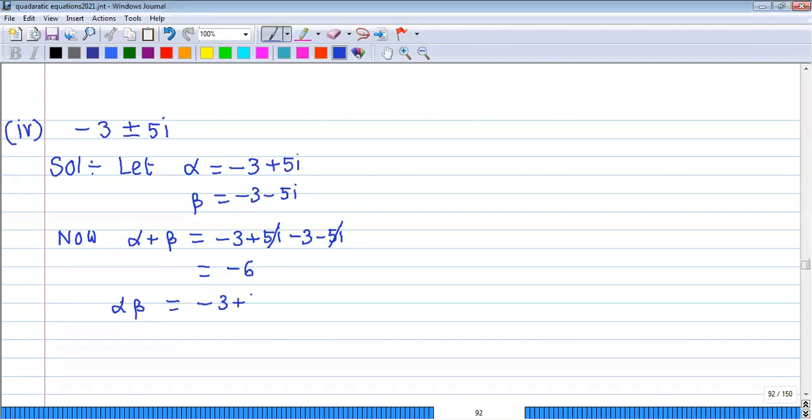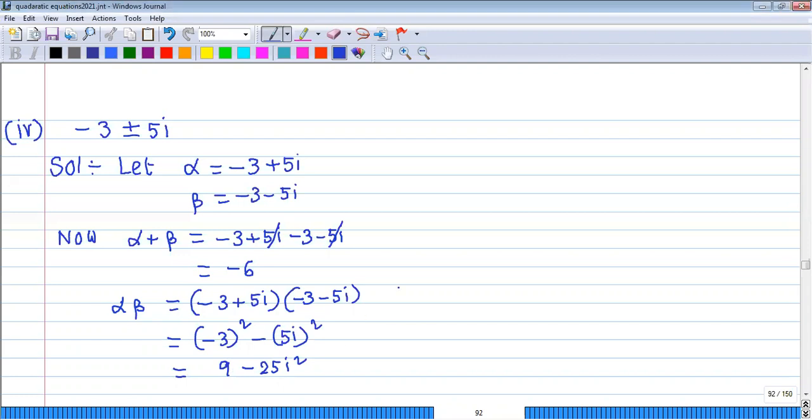Next, alpha beta. -3 plus 5i multiplied with -3 minus 5i. This is a plus b into a minus b. So -3 square minus 5i whole square. This will be 9 minus 25i square.